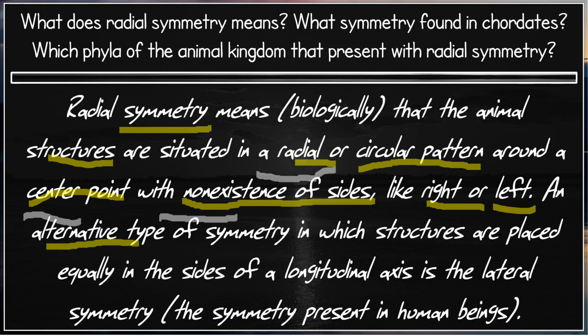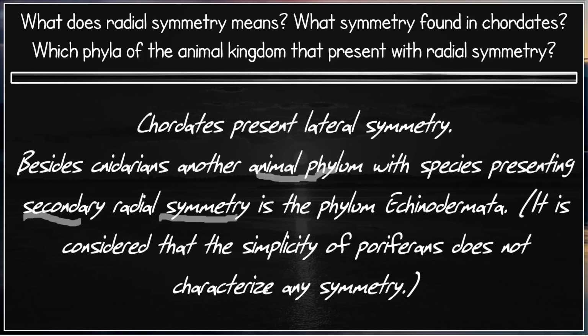An alternative type of symmetry in which structures are placed equally on the sides of a longitudinal axis is the lateral symmetry, the symmetry present in human beings. Chordates present lateral symmetry.